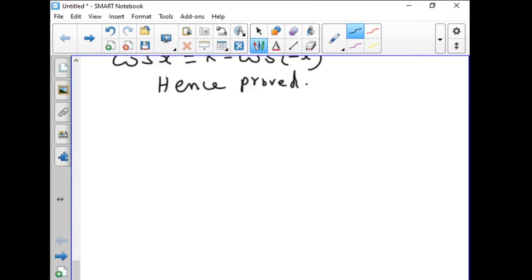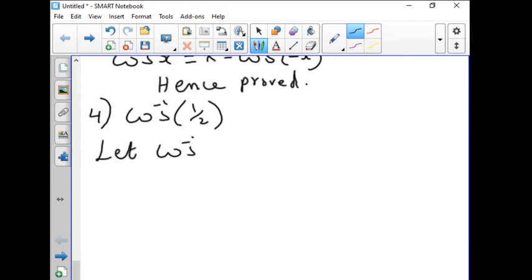Then we will go to question number 4. Find the principal value of cos inverse of 1 by 2. We have to find the principal value. Let cos inverse of 1 by 2 be equal to t.